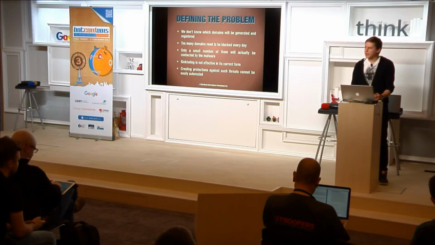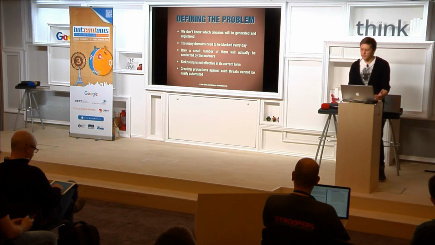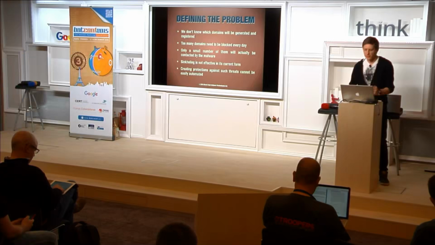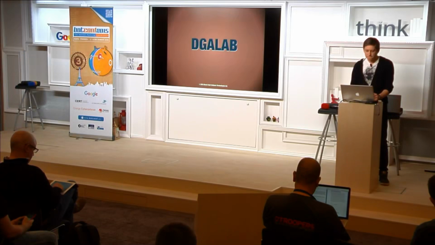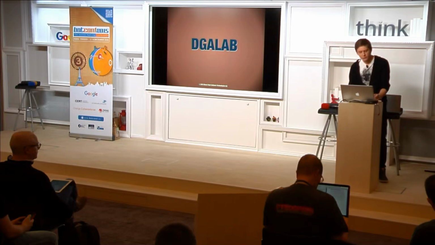And this entire process can't be easily automated because sinkholing involves some kind of cooperation from law enforcement agencies, such as Europol, for example. So that's why we've developed our system called DGA Lab. Overall, this system greatly helps us to categorize and preemptively block DGA-enabled malware very efficiently. So that's why we want to share this idea with you. Let's talk about it in more detail.